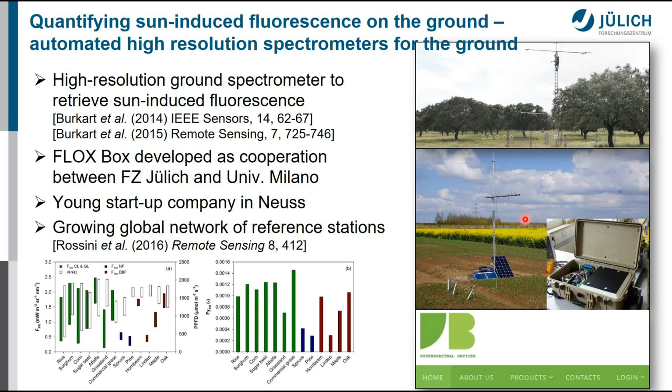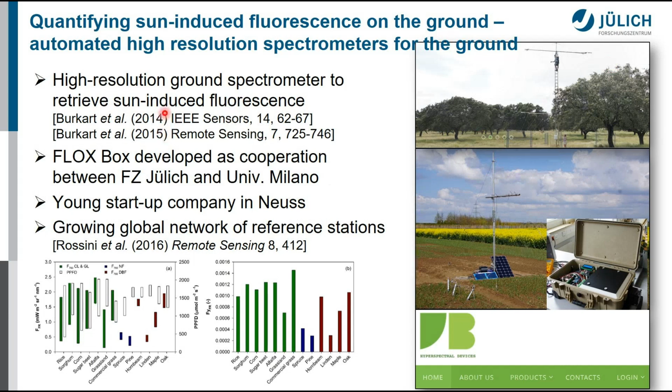By measuring the incoming light and the outgoing light over canopies, and using these Fraunhofer line retrieval methods, we can now measure this emitted fluorescence light in the two spectral regions, the red and the far-red region, on top of canopies.